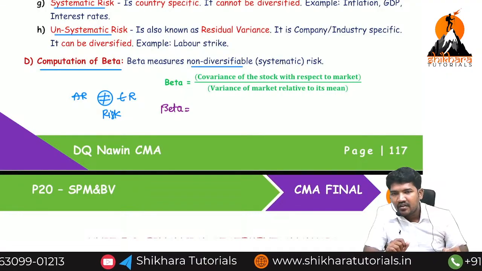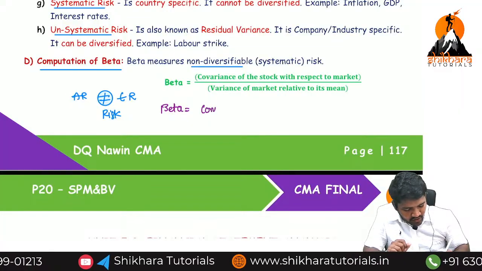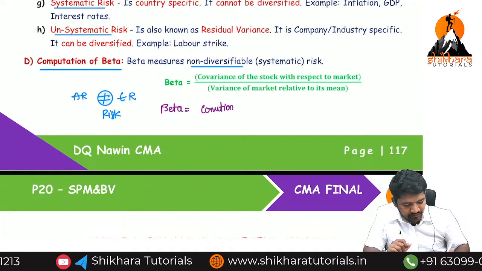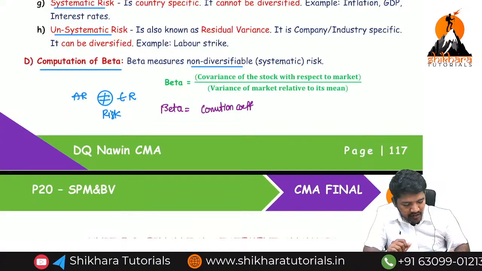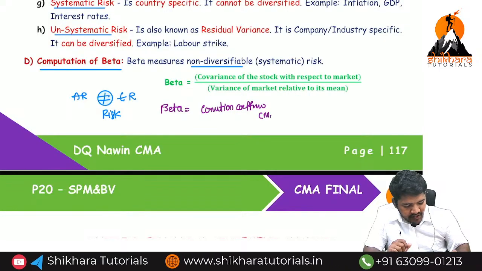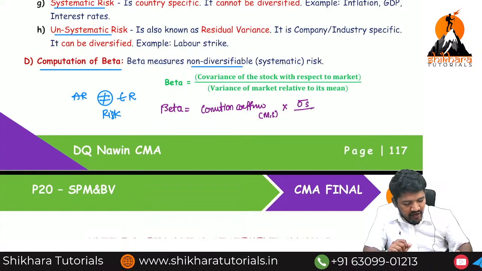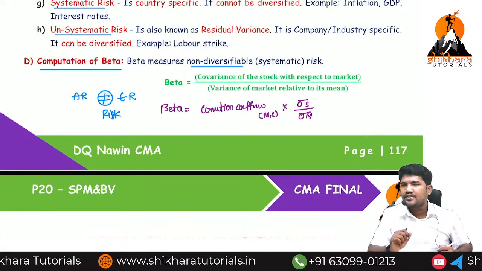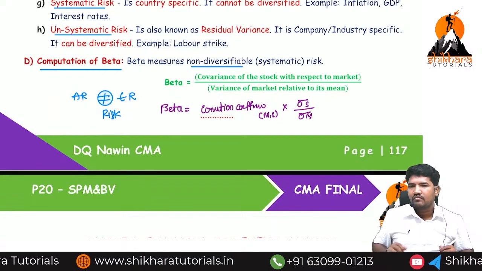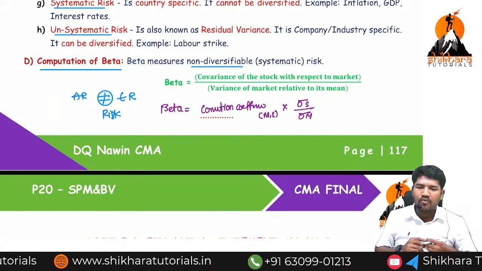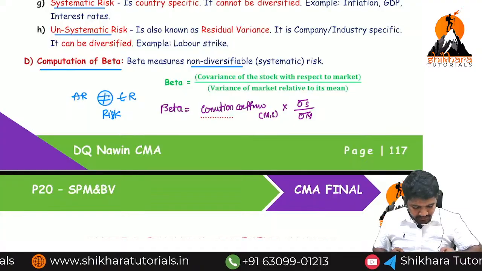Yes, exactly. Correlation coefficient. Correlation coefficient of market and security into standard deviation of security divided by standard deviation of market. This is the second formula we have to calculate. What's your beta?